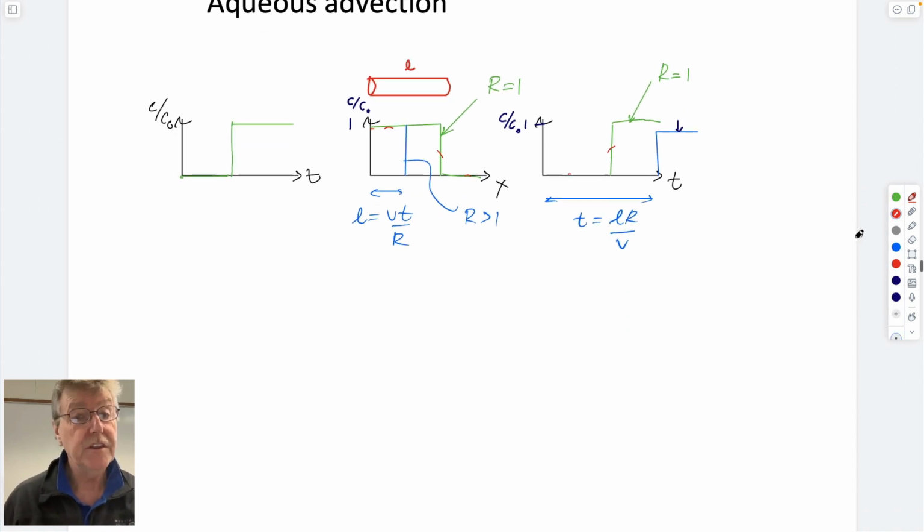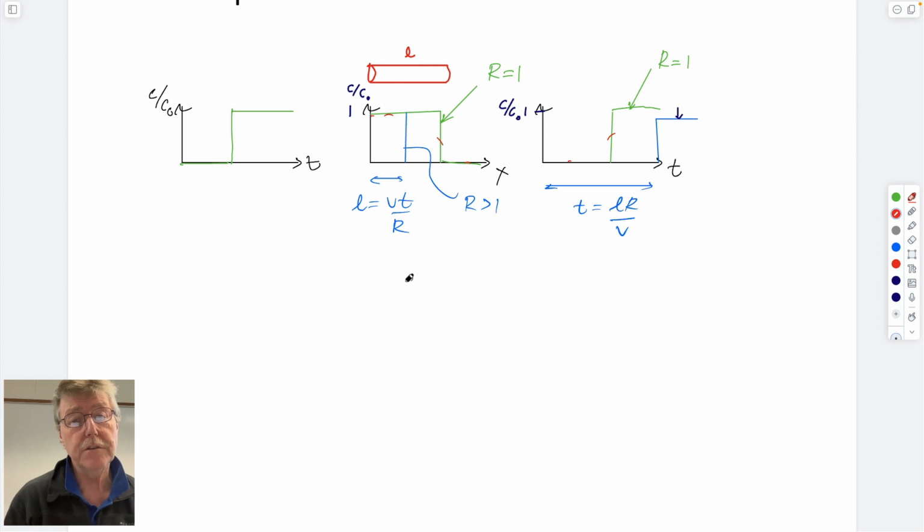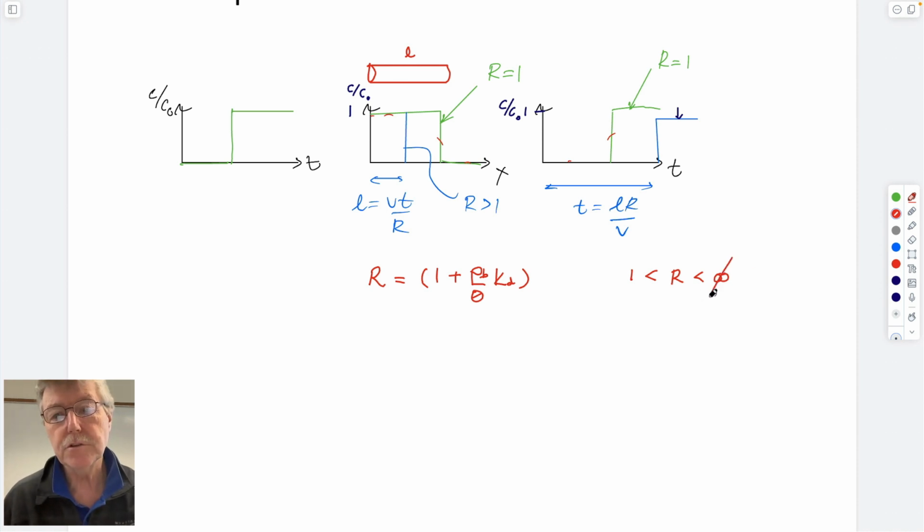So you know that this is what we've talked about. You know that we solved the advection dispersion equation for this. I won't write it down. You know that the retardation factor is 1 plus the density of the aquifer divided by the volumetric moisture content, times the distribution coefficient, K sub D. You know it's always greater than 1, but functionally I guess we saw that maybe the top ends were 30-ish.